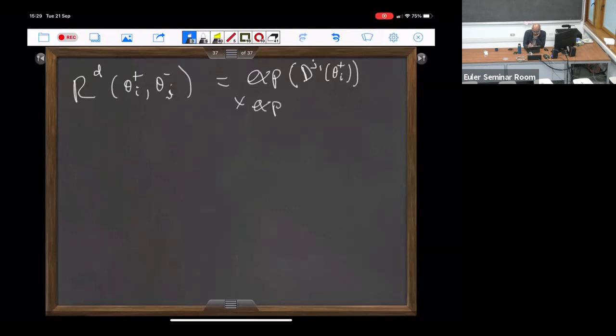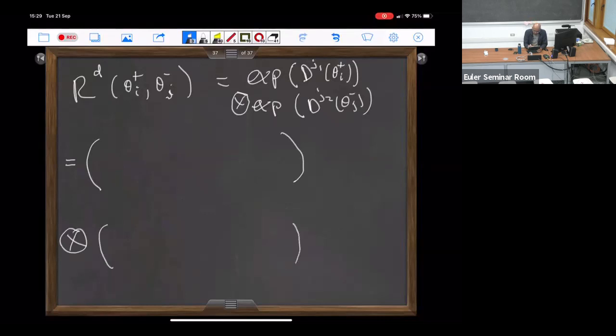I've just compactified the notation because you don't have to specify the sum. This is tensor product. So I'll write this as one series tensor the second series.